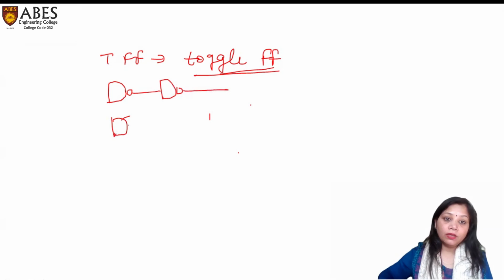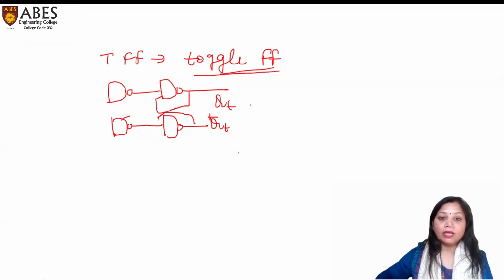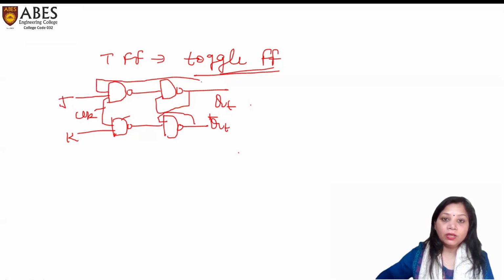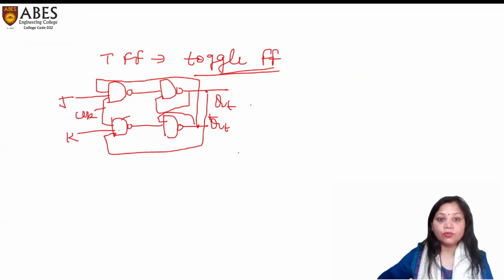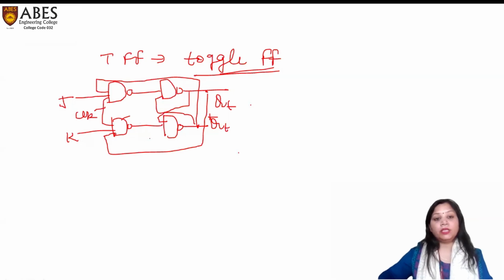This is the JK flip-flop, Q and Q complement. This is the input J and this is the input K, and this is connected to the Q complement, and this is connected to the Q. This is the JK flip-flop.